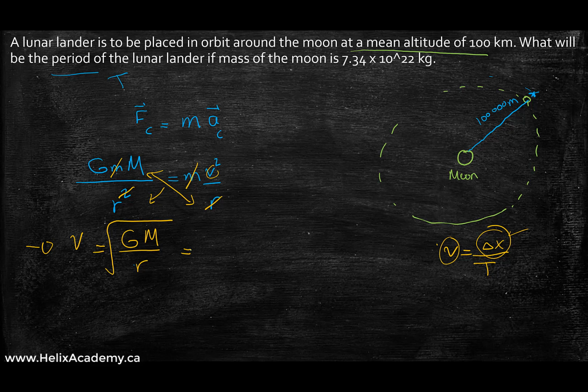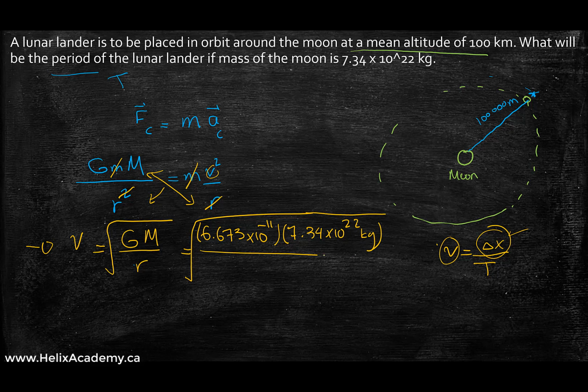Now, if I were to plug in the numbers here, for G, I have 6.673 times 10 to the negative 11 times the mass of the moon, which is given to be 7.34 times 10 to the 22 kilograms.